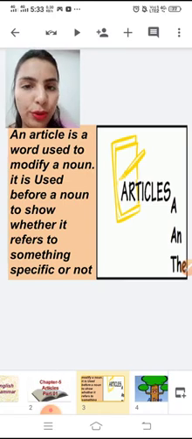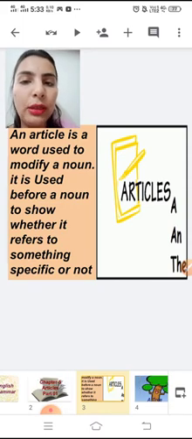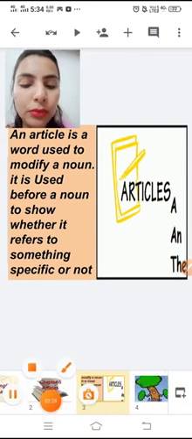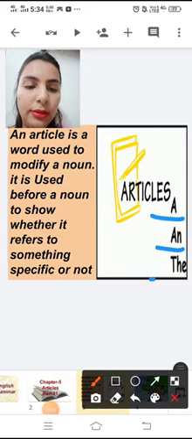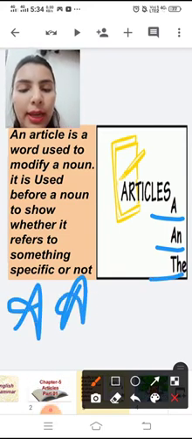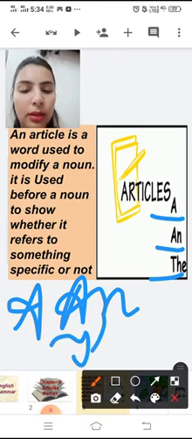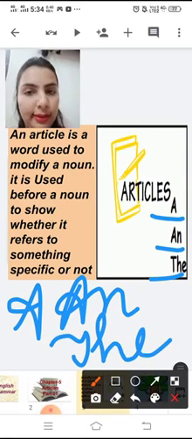Basically, as you know in your previous chapter, what are articles? There are 3 words which are used as articles. See, which are these words? A, an, and the. These are the 3 words which are used as articles.